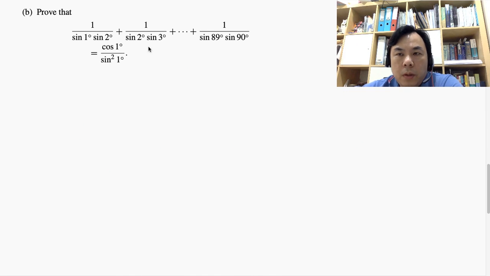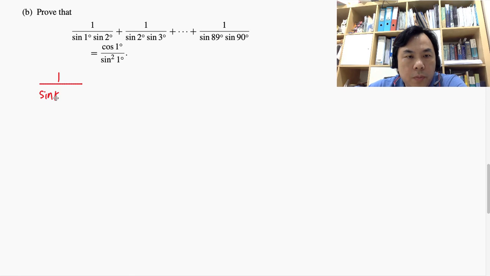Alright, our last section for today. We're going to make use of our previous result there. So from here we have this is the sum of, okay, so here I'm going to write that down in general form. So that is the same as k plus 1 degree.